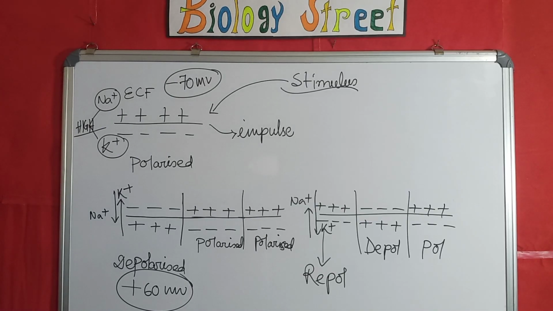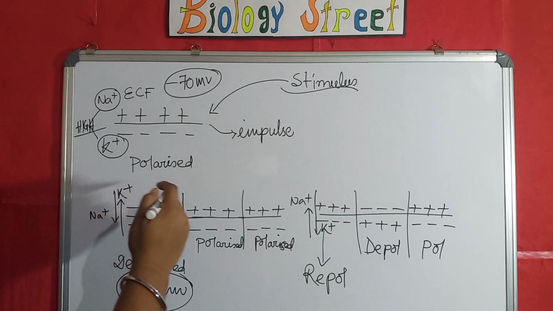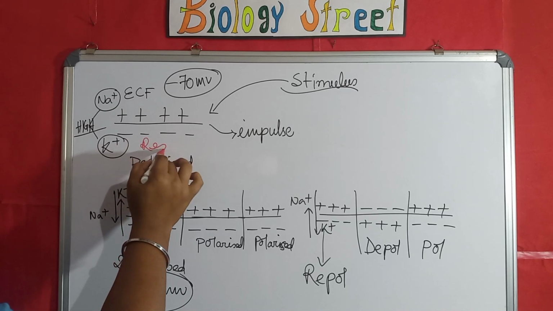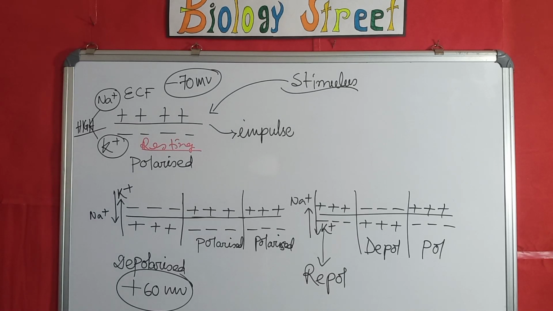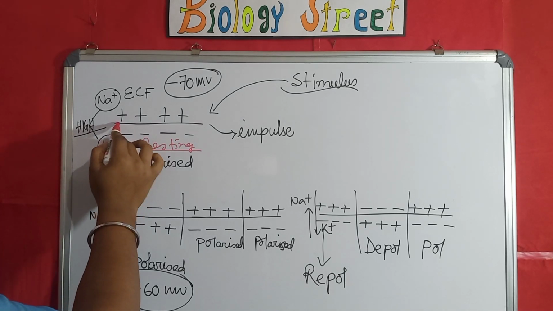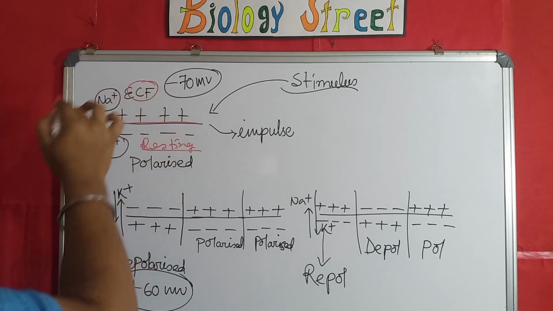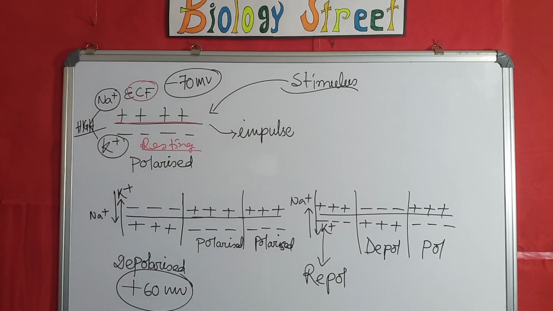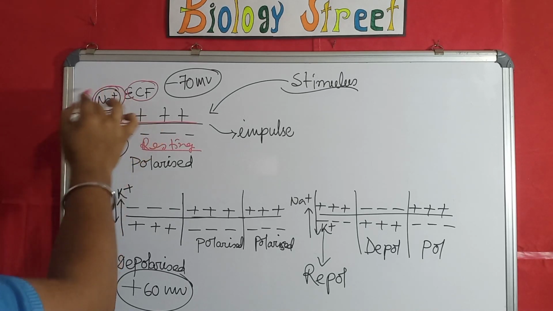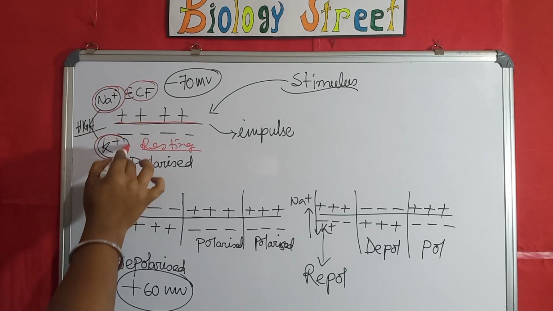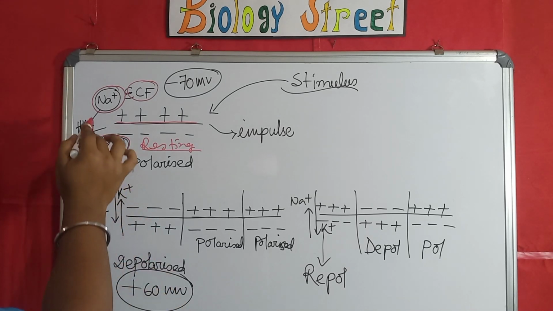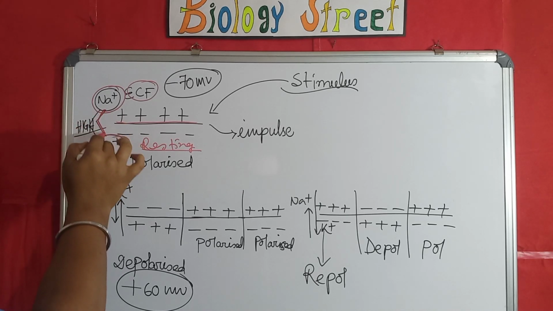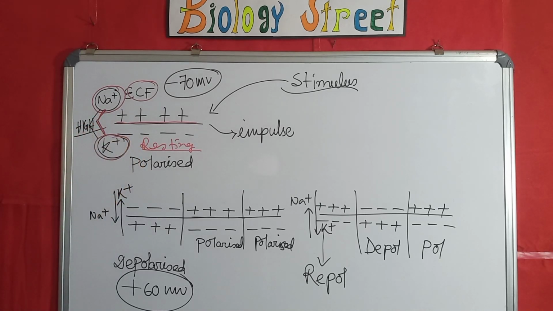Now see, this is the resting phase. Here, on the outer portion of the axon membrane, where the extracellular fluid is present, an excess of sodium ions is present, and on the inner layer, in the axoplasm, an excess amount of potassium ions is present. Both of these concentrations are high.